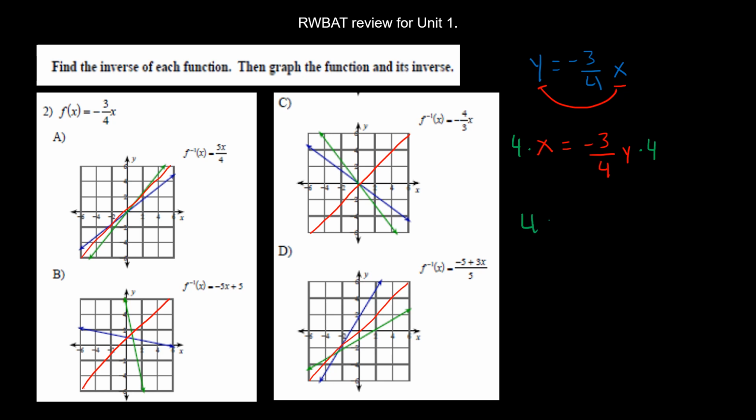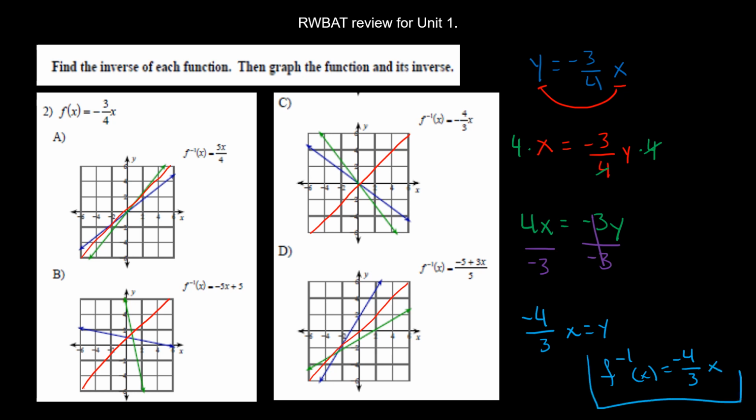So I get 4x equals negative 3y, and that happens because these 4's simplify out. I still want to isolate my y, so I'm going to divide both sides by negative 3. That simplifies out. And so our final answer would be negative 4 over 3x equals y. So when we do that, we want to find our answer, and we find that as C.